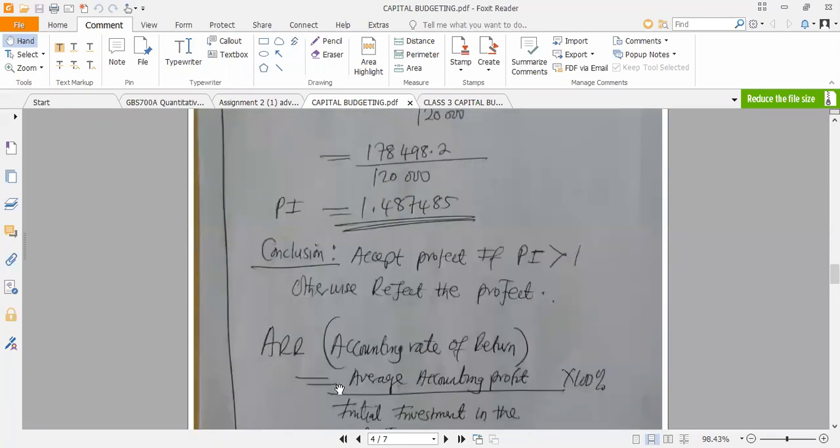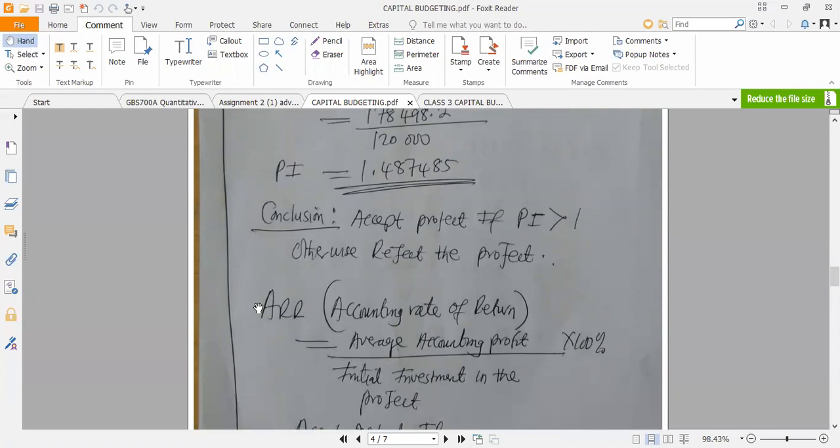Then we have to get into what we call the accounting rate of return. So accounting rate of return, it is a return for shareholders. And because shareholders want to maximize their wealth, it is the shareholders ratio or shareholders evaluation technique.